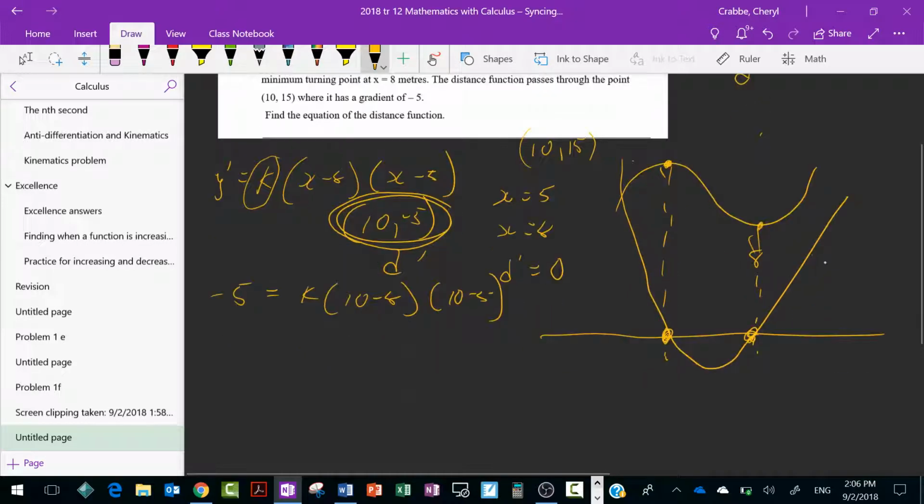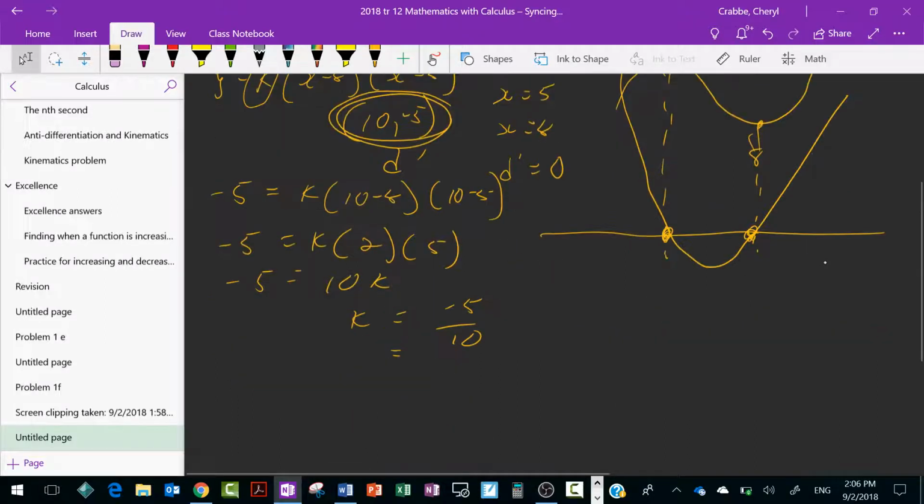And then we solve that. -5 is equal to k times 2 times 5. So -5 is equal to 10k. k is going to be -5 over 10, or -0.5.